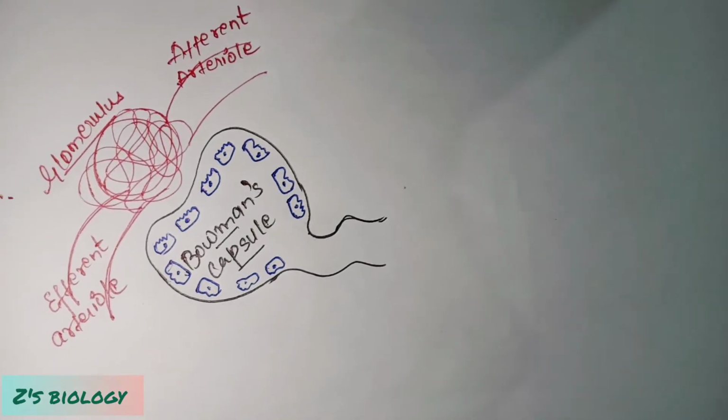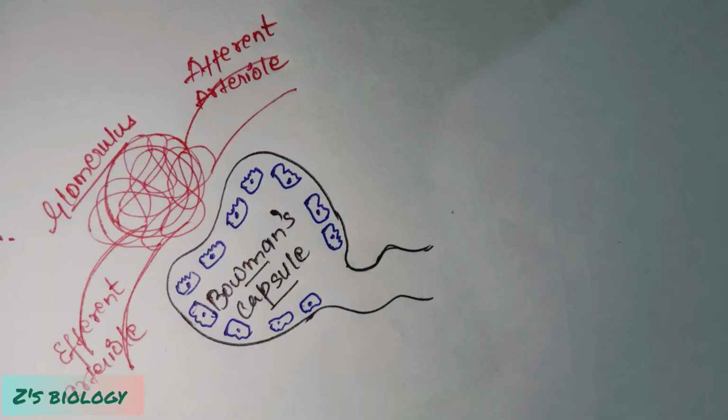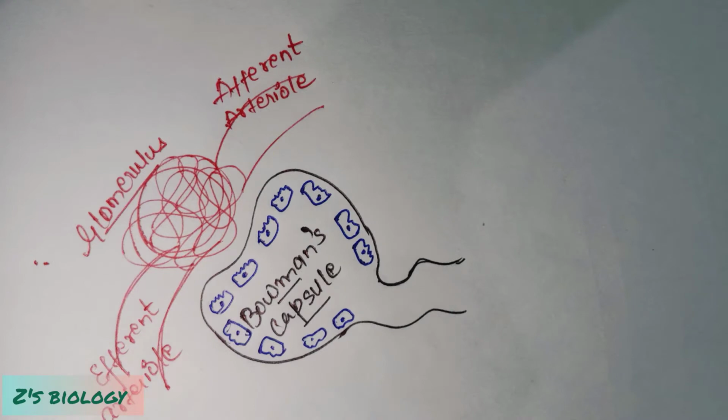So the Bowman's capsule in the nephron is composed of podocytes for filtration. In short, epithelial cells with pedicles are known as podocytes, which make up the visceral and parietal layer of the Bowman's capsule, and these are very important because they help in filtration and act as a filtering membrane.